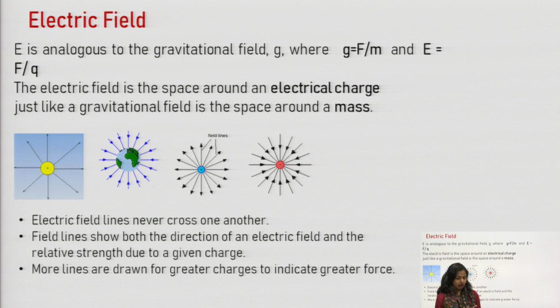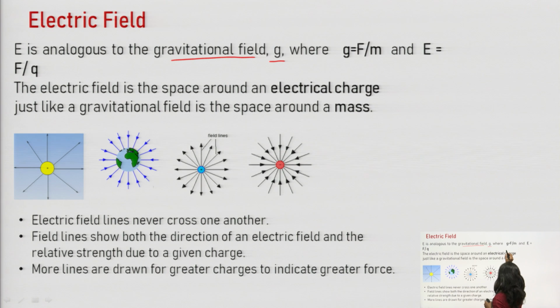Now this is the electric field. Previously we have seen that electric field is nothing but the force experienced by a unit positive charge. Here we will see more facts. E is analogous to the gravitational field, which is also known as g.